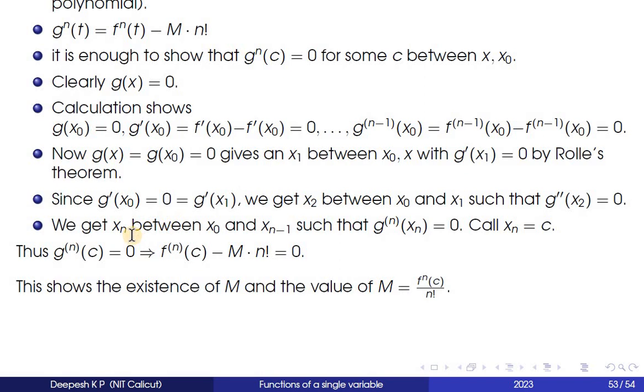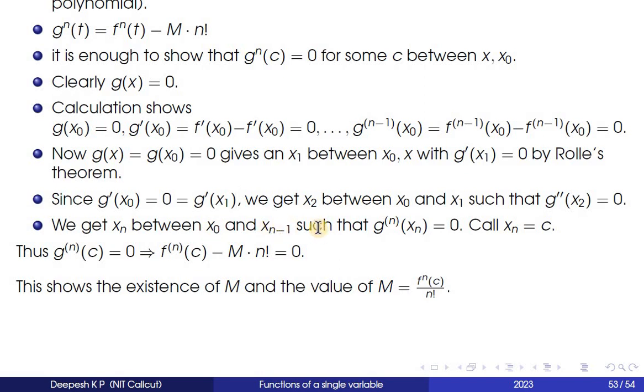So continuing this, we can get an xn in between x naught and xn minus 1 such that gn xn equal to 0, because this process can be considered: g triple dash x2 will be 0, g fourth derivative at x3 will be 0, like that you'll get a g nth derivative at xn equal to 0, because you'll get a g n minus 1 of xn minus 1 equal to 0 and gn minus 1 of x naught is also equal to 0.